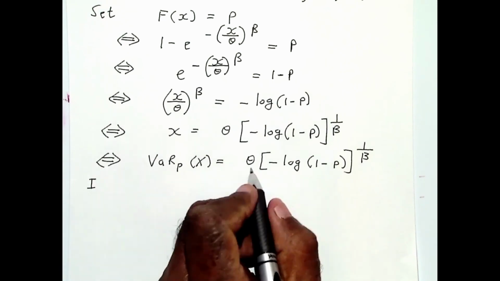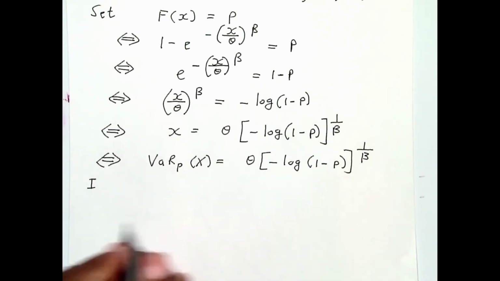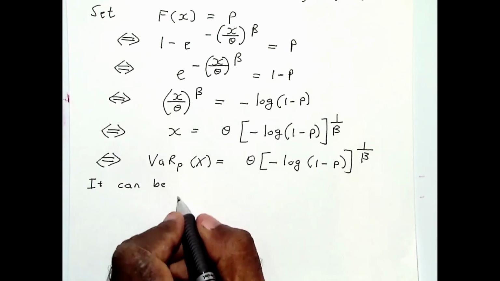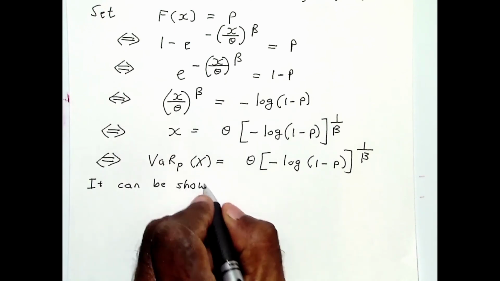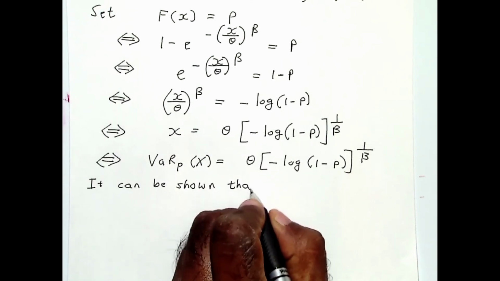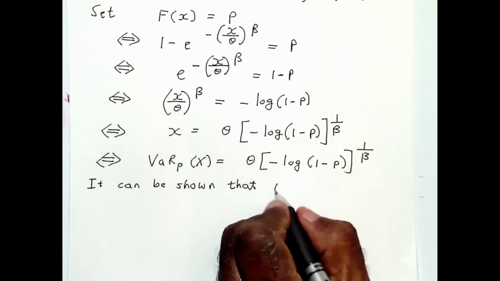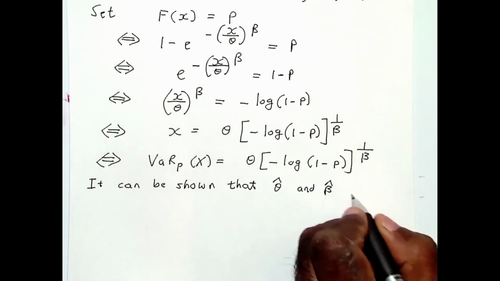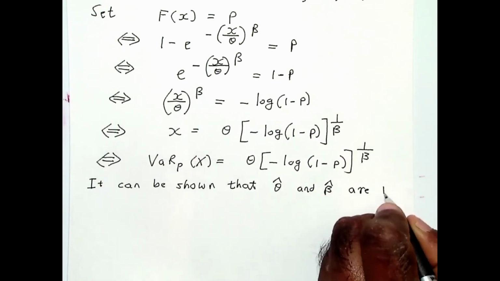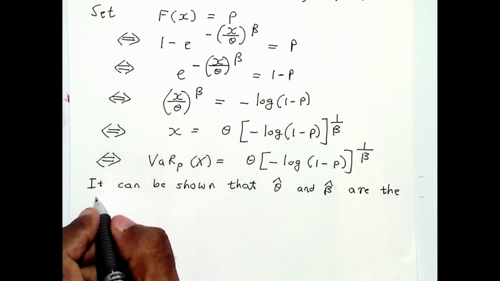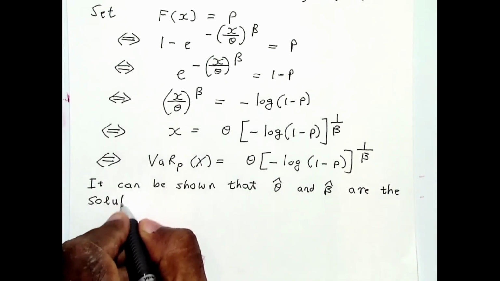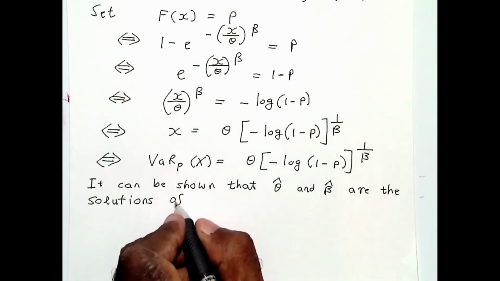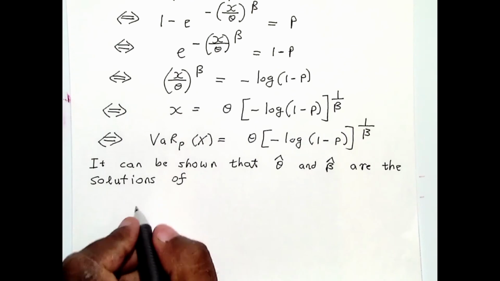Now it can be shown. We need to estimate, there are two parameters, theta and beta, right? It can be shown that the estimator for theta and the estimator for beta are the solutions of the following equations.